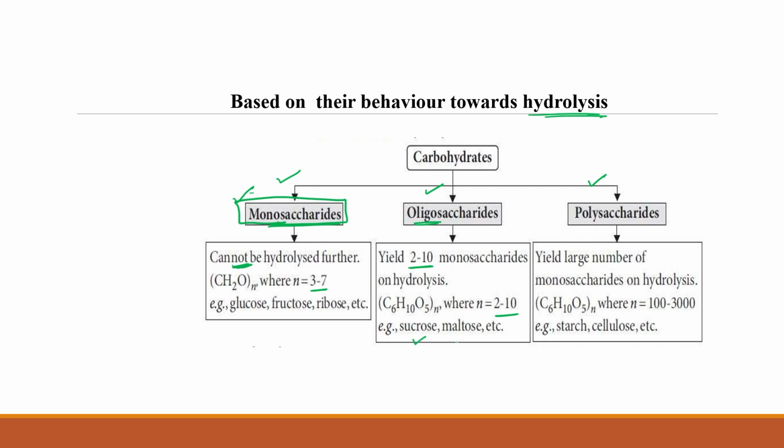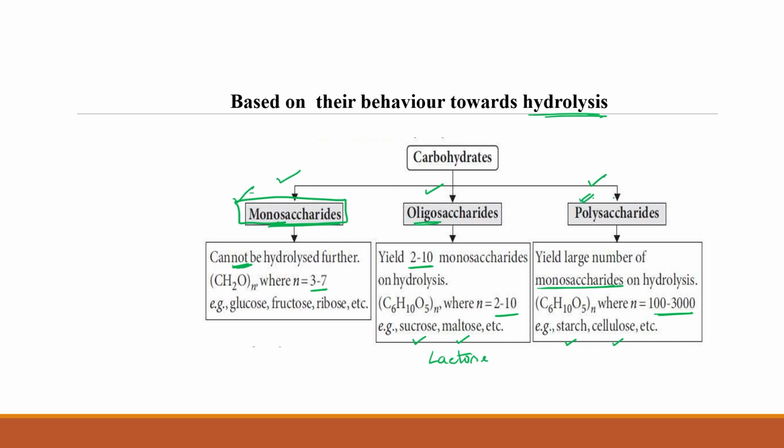Examples: sucrose, maltose, lactose. Polysaccharide: if hydrolysis occurs, we will get n number of monosaccharide units, where n means 100 to 3000 molecules. Examples: starch, chitin, cellulose. These are complex carbohydrates or polysaccharides.